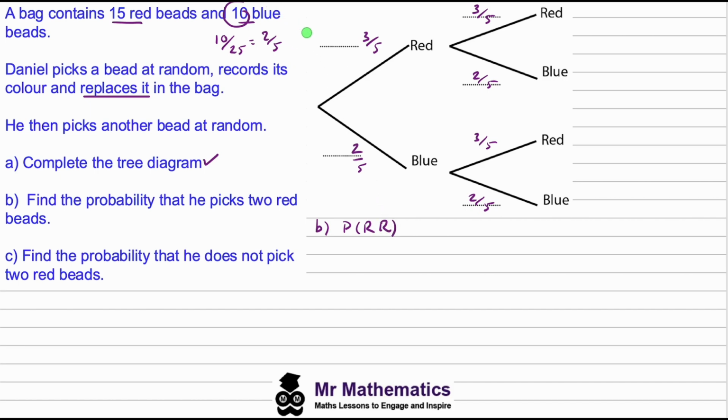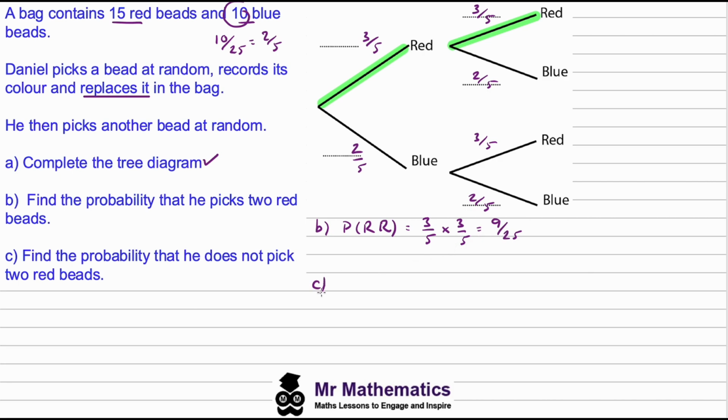So if we identify that path, red followed by another red. So this will be 3/5 and, which means multiplied by another 3/5, which is 9 over 25. Okay.